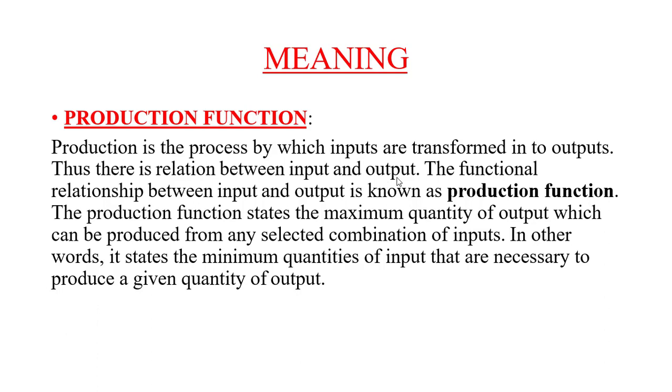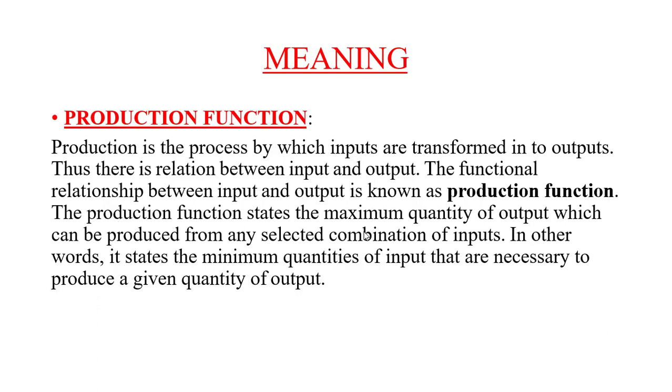Now what is this production function saying? The functional relationship between input and output is known as the production function. Whenever we are doing any kind of production, there have to be some kind of input like raw materials, labor, capital to get some kind of output. And this is known as a production function.